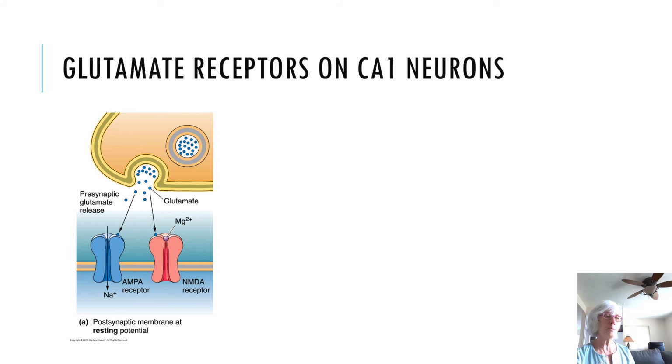and we're looking at specifically the ionotropic receptors because those are the ones that were most commonly studied, but realize that there are also metabotropic glutamate receptors on the CA1 cells.